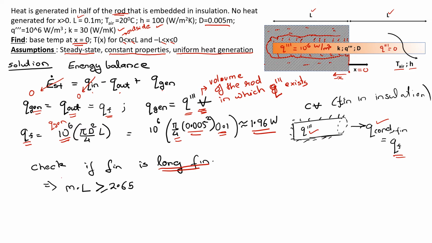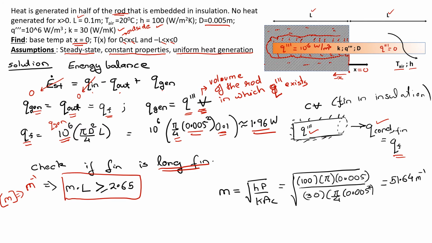To do that, the empirical relation to check if your fin is a long fin is m times L. m is your fin parameter, and the dimensions of m are meter inverse, and the dimensions of L are meter. So obviously m times L will be a non-dimensional number, and this number has to be greater than or equal to 2.65. So let's see if our m times L is greater than 2.65.